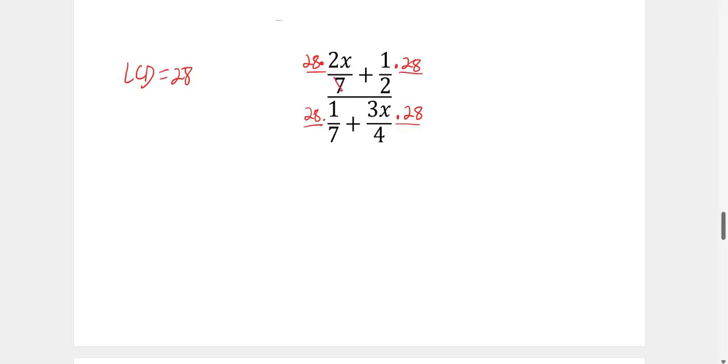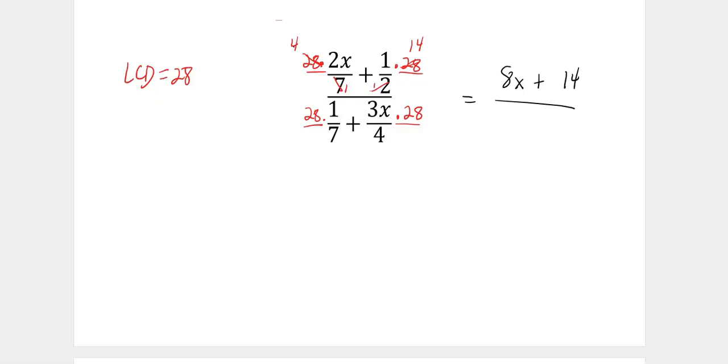So the denominators will divide directly into that LCD. 7 divides into 28. That leaves a 4. And 4 times 2x is 8x. And then we divide 2 into 28, and that leaves us with 14 times 1 here, and that changes to a 14.